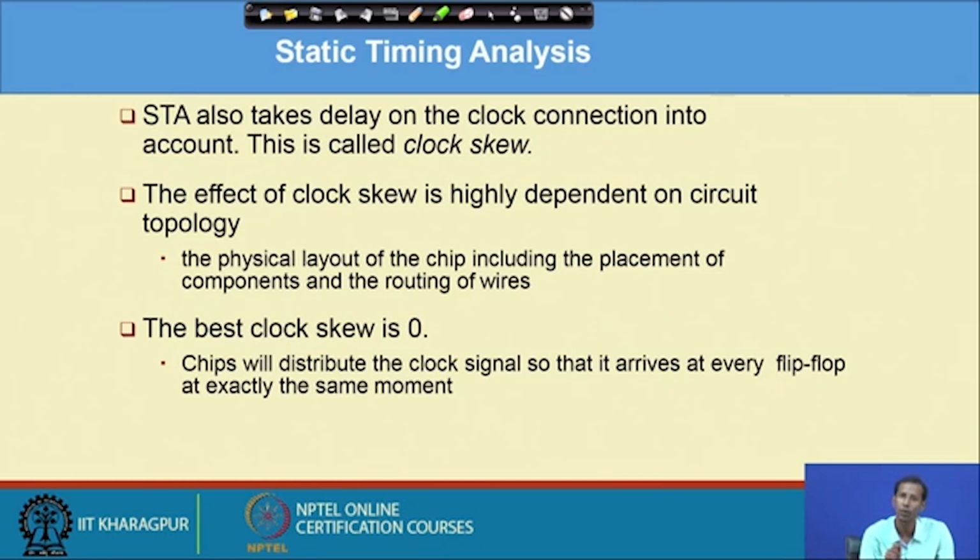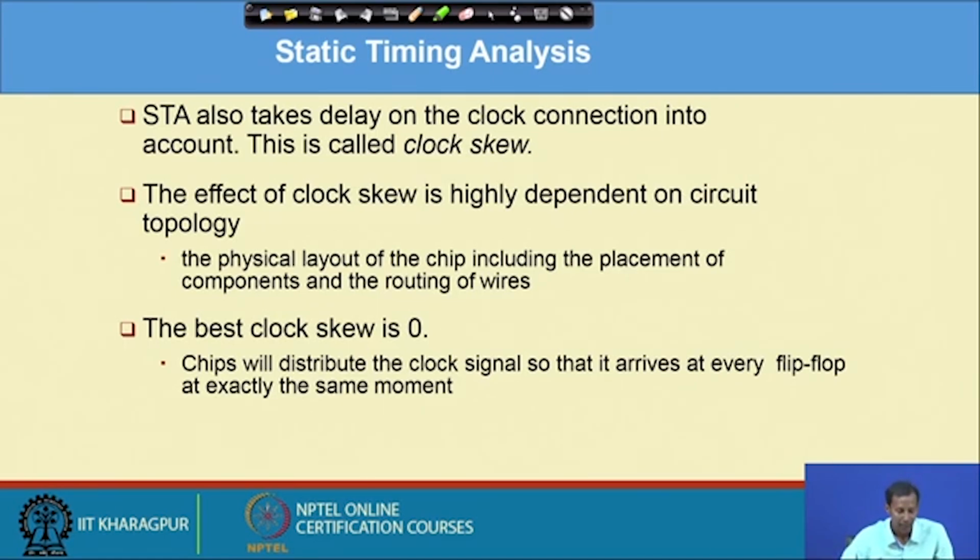From that pin you are supplying to, let us say, 1000 sequential elements. To reach the farthest sequential element from that particular pin, it will take the maximum net delay for the clock to traverse. So, at that time skew will be high for that particular path.